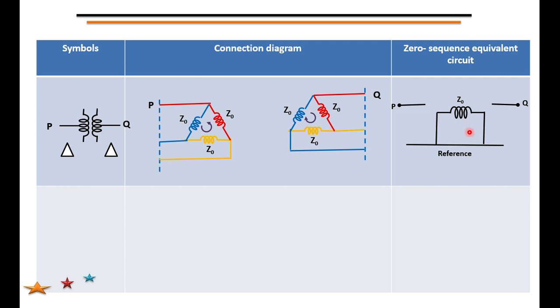Then the zero sequence current flowing inside the delta is represented with this Z0. This is how you have to represent the sequence networks for the positive, negative and zero sequence network of the transformer. In the next session, we'll see how these connections are realized with a switch diagram.